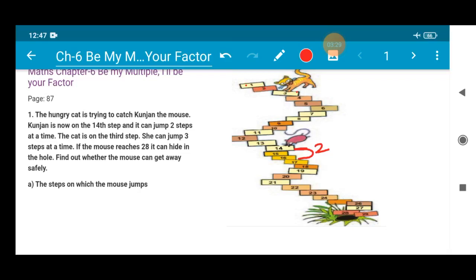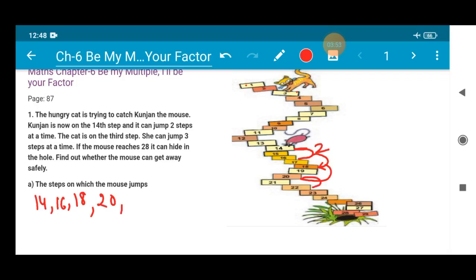So first of all she was on 14, then after it will be 16, then she will be on 18, then she will be on 20, because after 18 if you add 2 steps you will get 20.